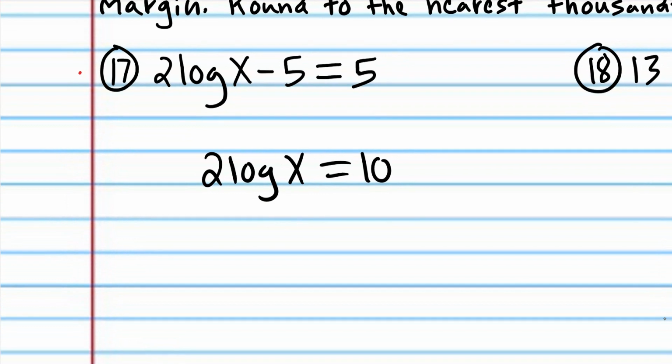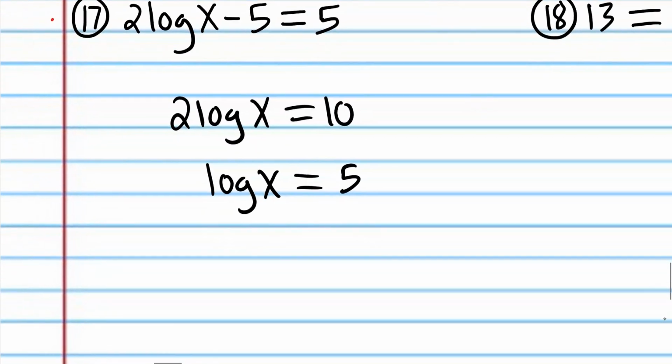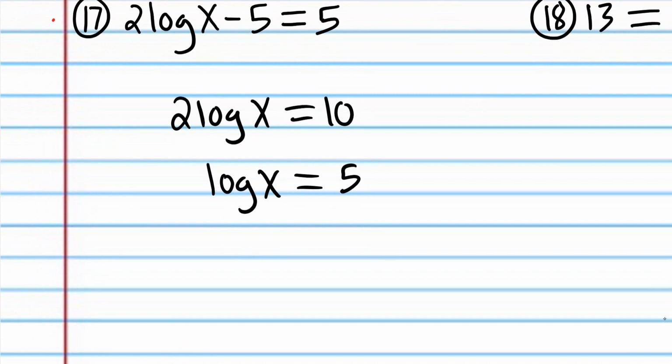And then I'm going to divide both sides by 2, because that's 2 times log base 10 of x. At this point, we're stuck. We don't know what to do. We don't know what's going on here. But if we know what this notation means, we can figure things out.